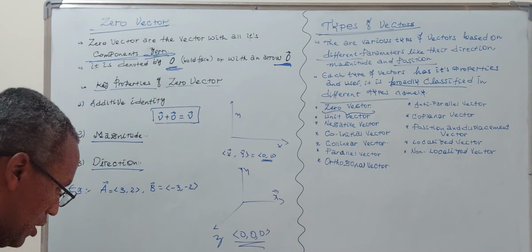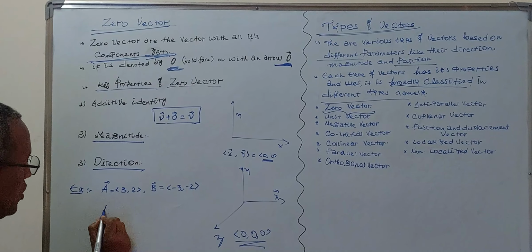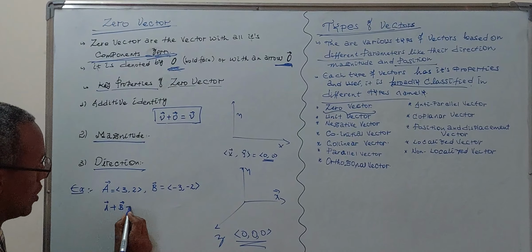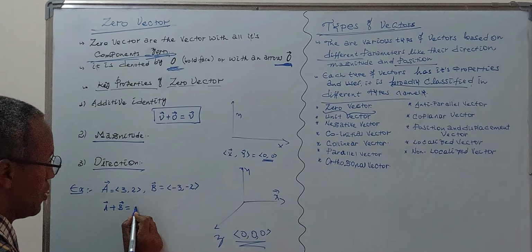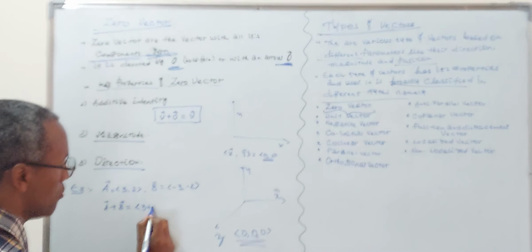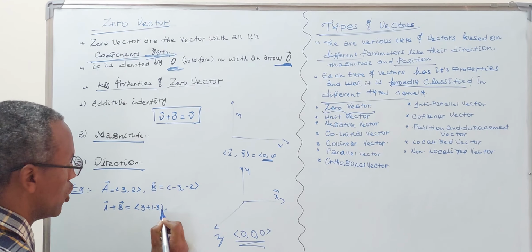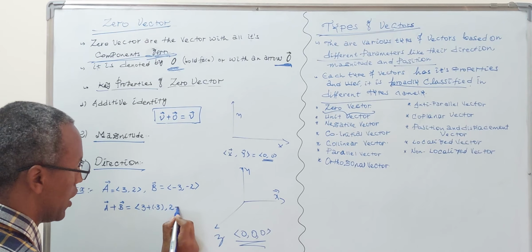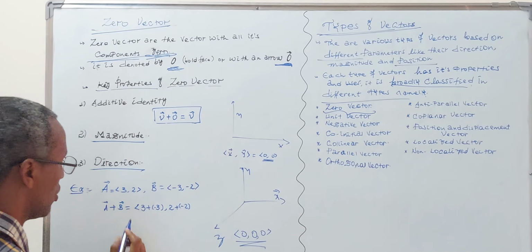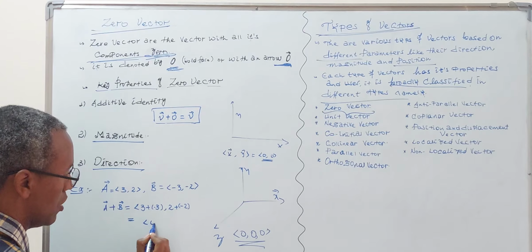So we can add both of them. Vector A plus vector B is equal to 3 plus negative 3, and then comma, 2 plus negative 2, which is equal to (0, 0).